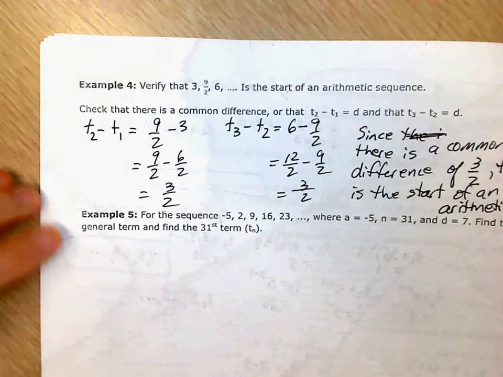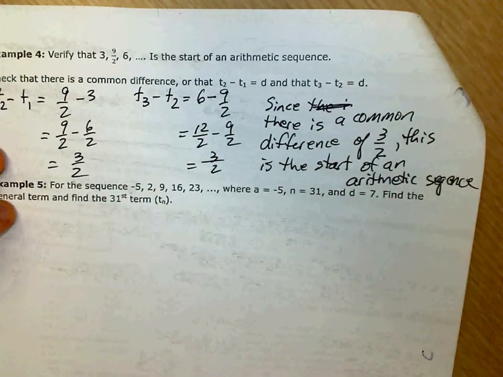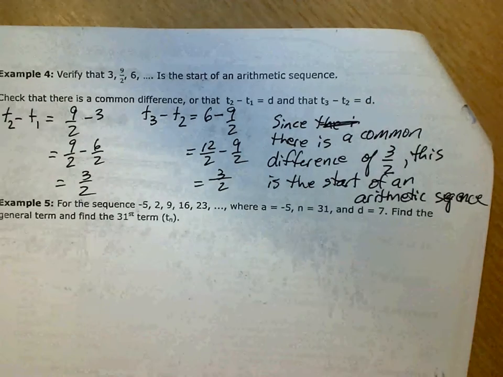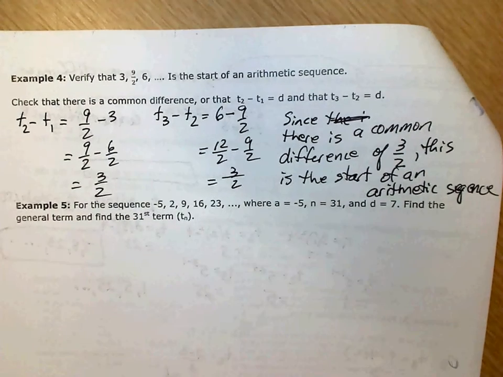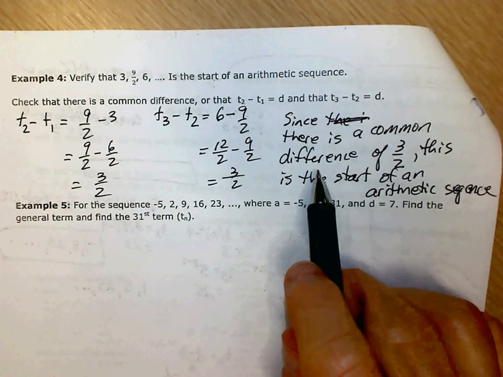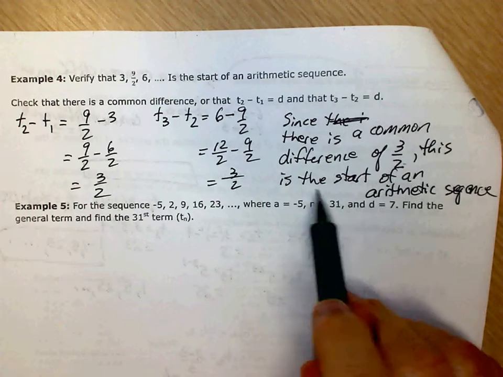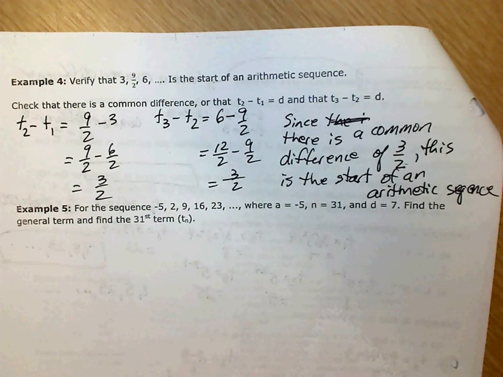Since there is a common difference of 3/2, this is the start of an arithmetic sequence.